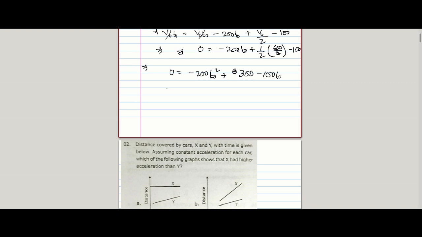It's a quadratic equation. We'll solve using the formula minus b plus minus square root of b square minus 4ac, by 2a, where b will be minus 100, a will be minus 200, c will be 300.